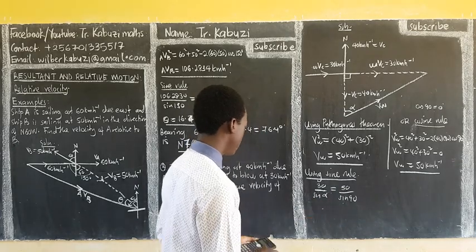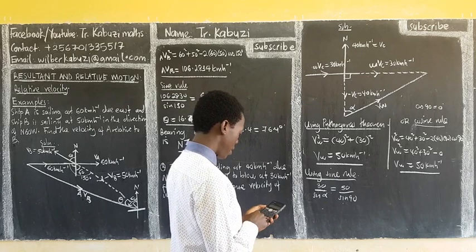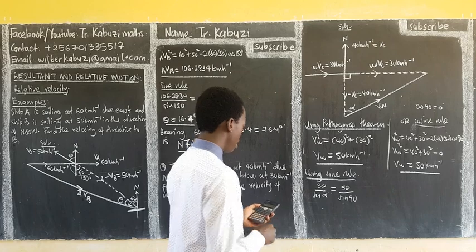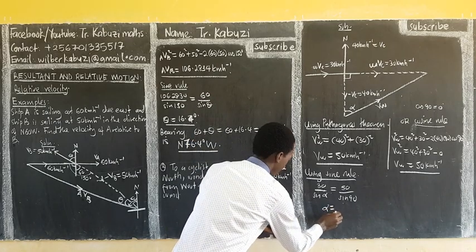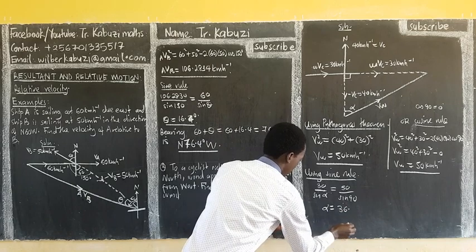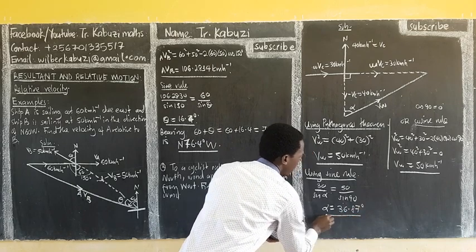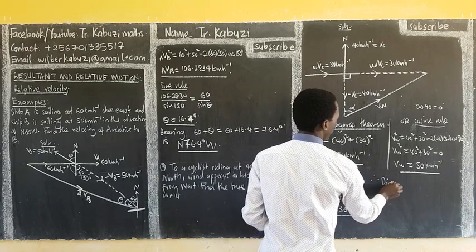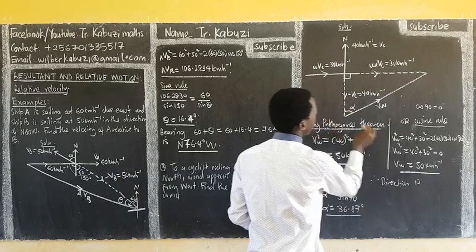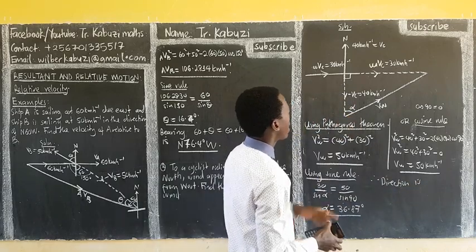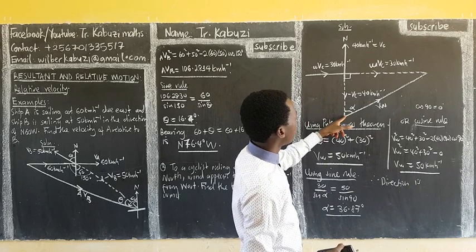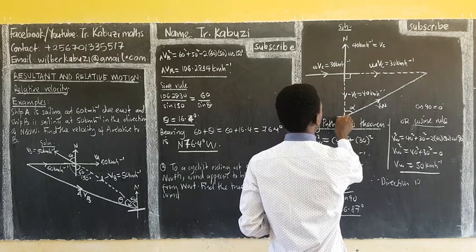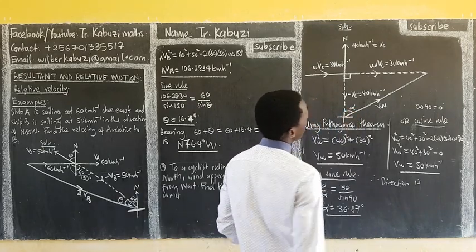So I'm getting my alpha as 36.87 degrees. So my bearing, therefore the direction, is from here. If you draw the north line, I think you can see how it's going to appear.